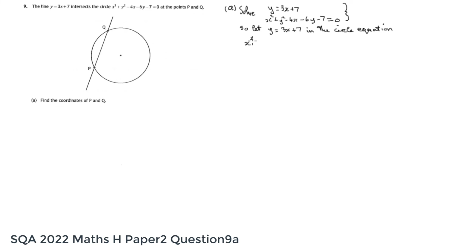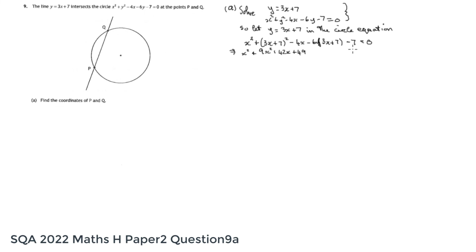So x squared plus, now we're saying y squared gets replaced by 3x plus 7 squared, minus 4x, minus 6y. Well, not y, we have to replace that by 3x plus 7. So it's 6 lots of 3x plus 7, minus 7, and that equals 0. So it's quite a complicated thing. We'd better multiply that out. So this therefore gives us x squared plus, now 3x plus 7 all squared, that will become 9x squared plus 42x plus 49.